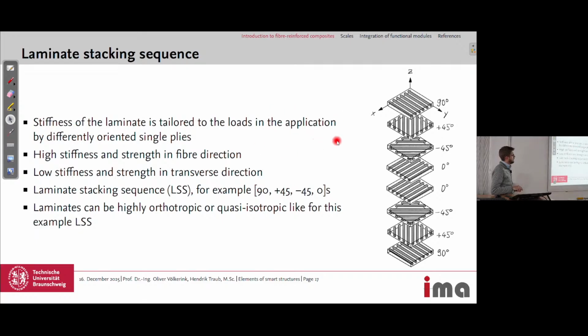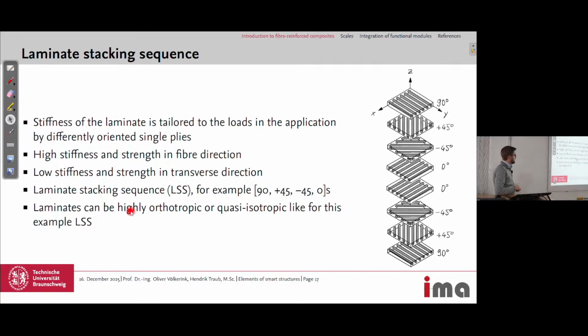If a structure is not loaded equally in all directions but has a major load path, then you could orient more fibers in this direction and so adjust the stiffness in this direction, so that you have more load carrying capability where you need it. This is because we have a high stiffness and strength in fiber direction, so in this direction, in this direction, in this direction, and a low stiffness and strength in transverse direction, where the matrix takes the loads.